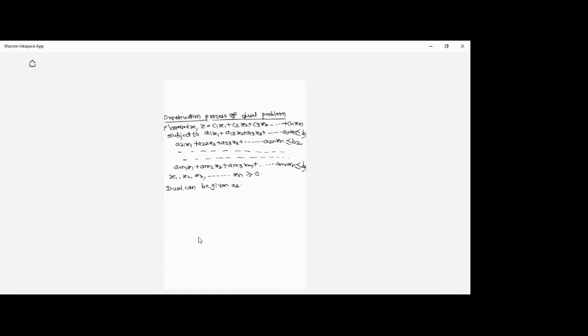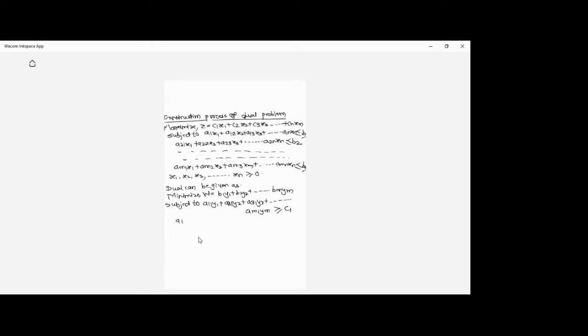Earlier it was maximize, so the dual will be minimize W = b1 y1 + b2 y2 + ... + bm ym, subject to a11 y1 + a21 y2 + a31 y3 + ... + am1 ym greater than or equal to c1.